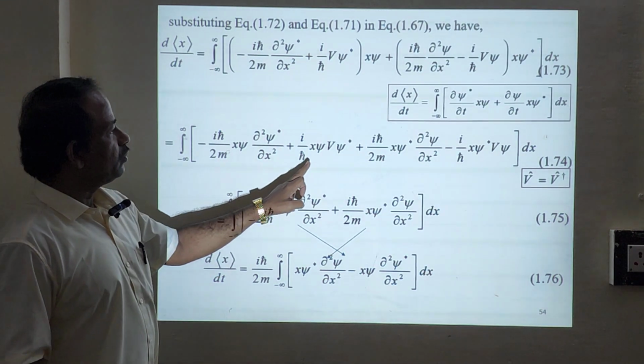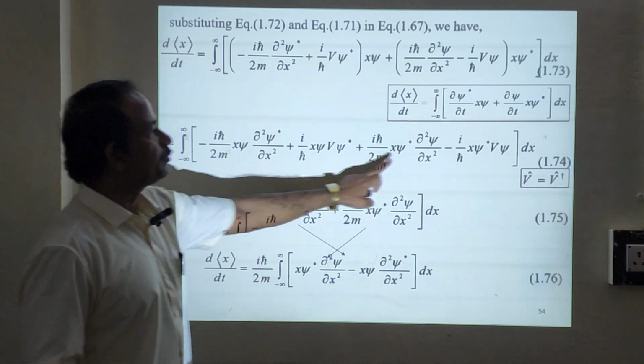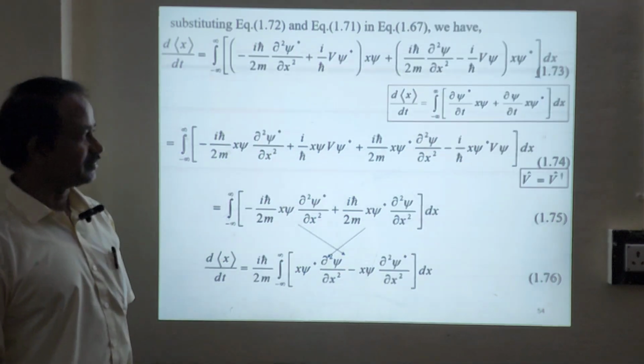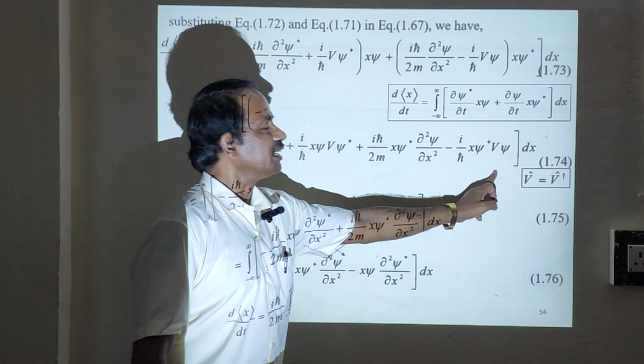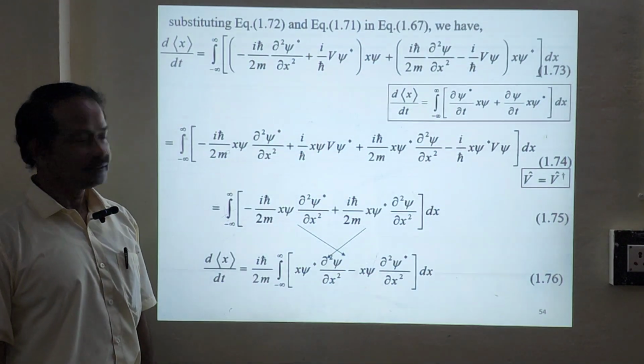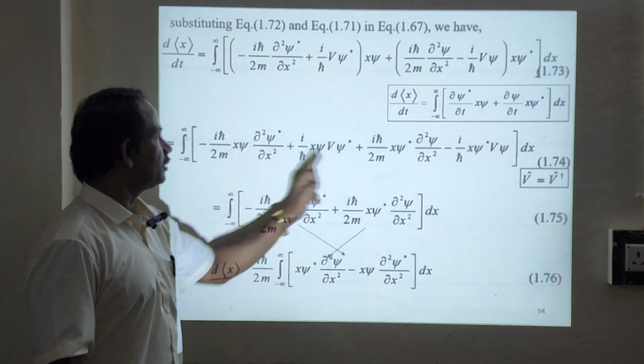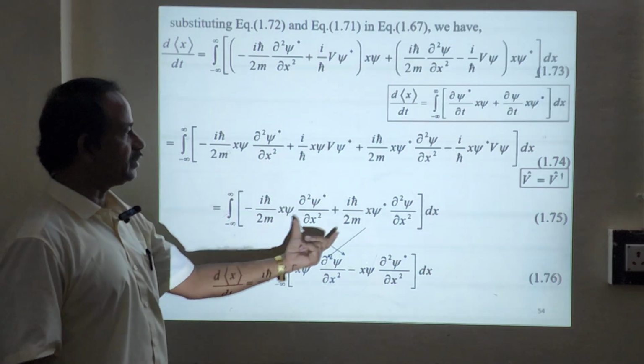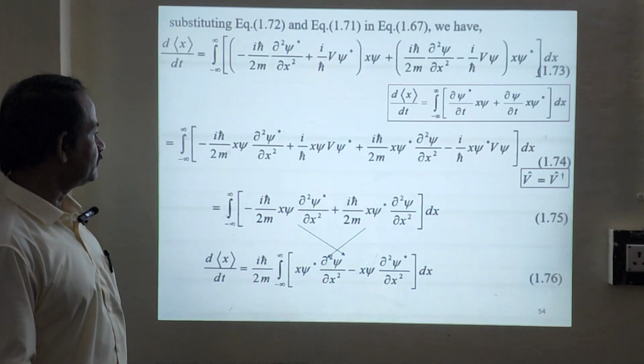And of course you look at the second term and the fourth term. As I said earlier, V equals V dagger, so both the terms will get cancelled. So now we have only 2 terms. The remaining 2 terms I have written in equation 1.75.